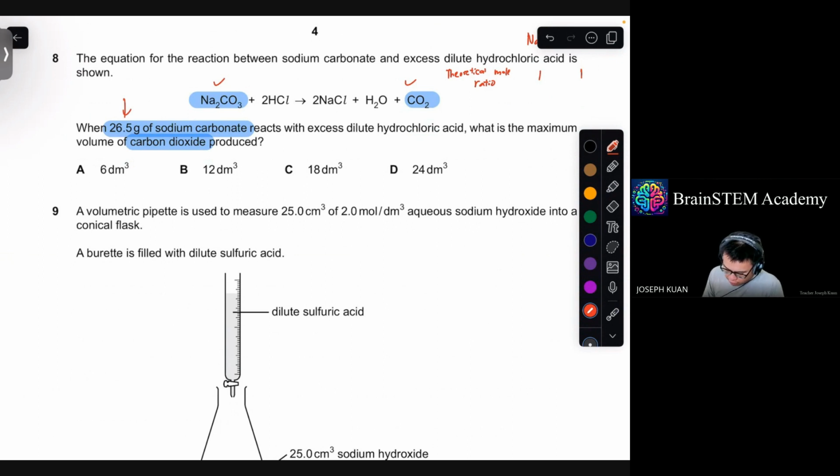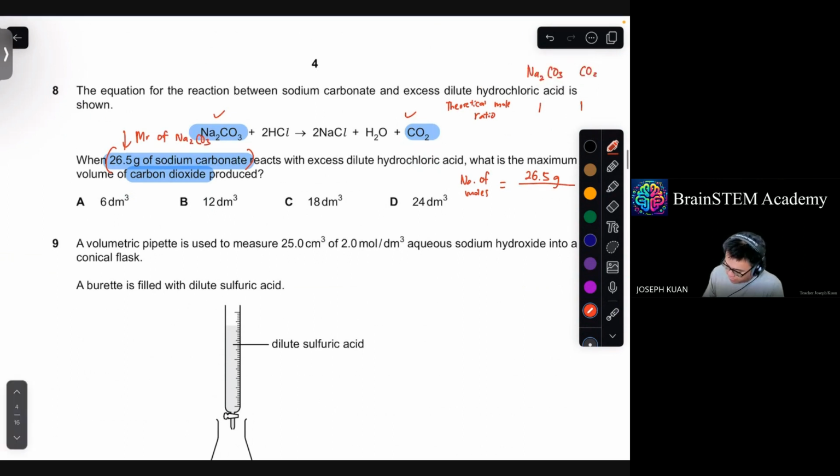So you need to convert mass of sodium carbonate to number of moles. So let's do that. How can we do that? Actually, just divide the mass by the molar mass of sodium carbonate. So you will need your periodic table for that, right?